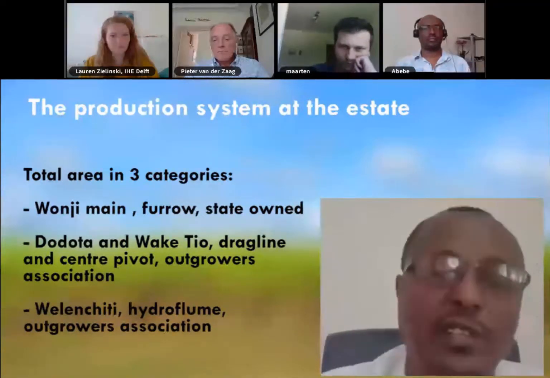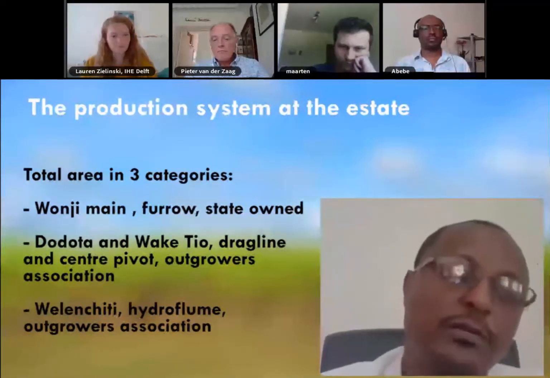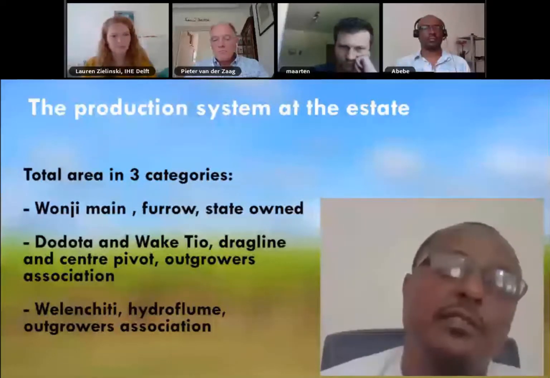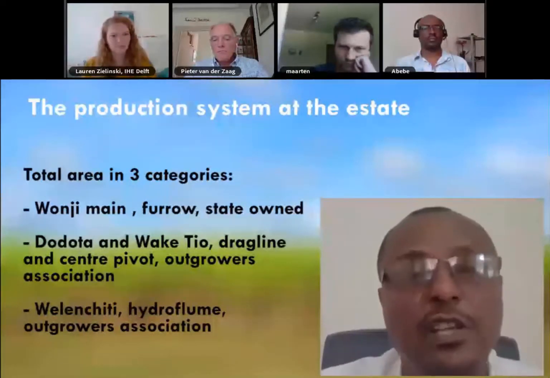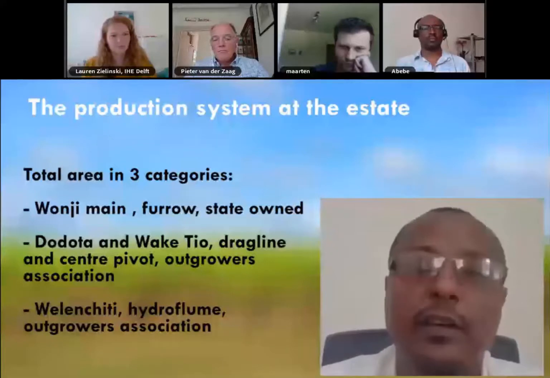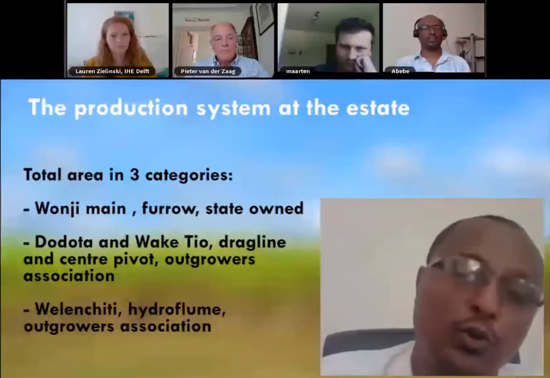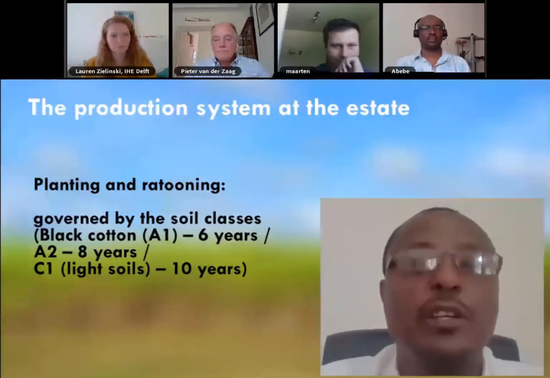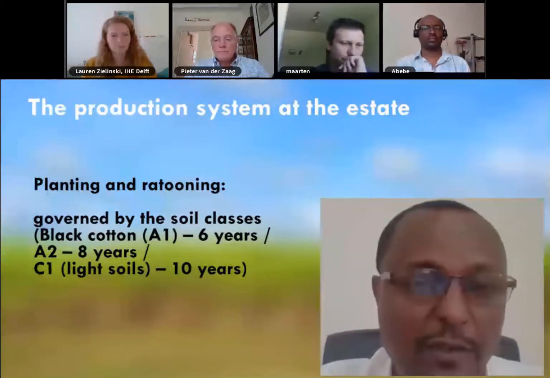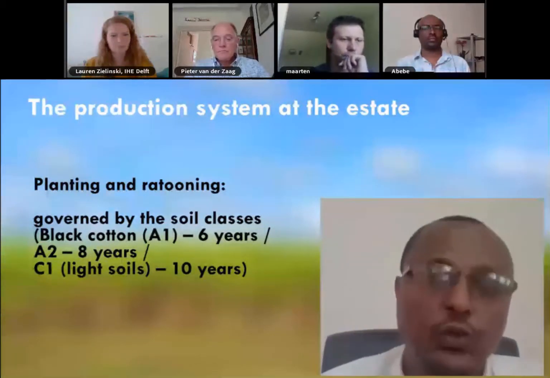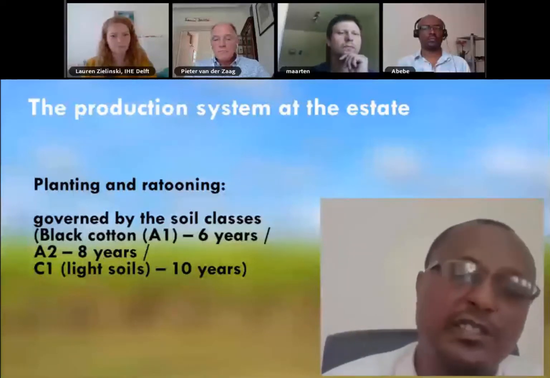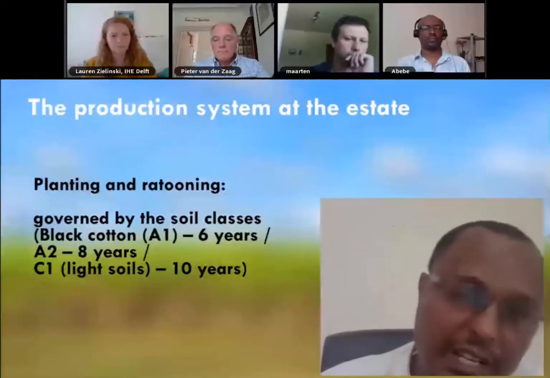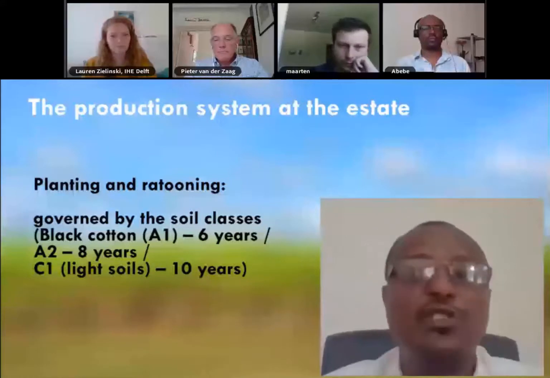The third one is the hydroflume irrigation infrastructure, also owned by the outgrowers. There are 5 soil classes. According to the 5 soil classes, ratooning is different and fertilizer application is also different.